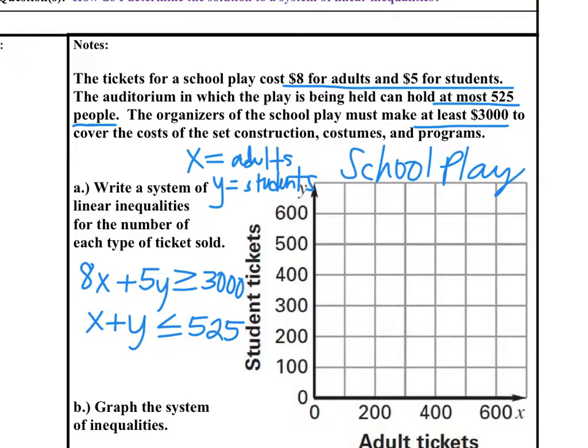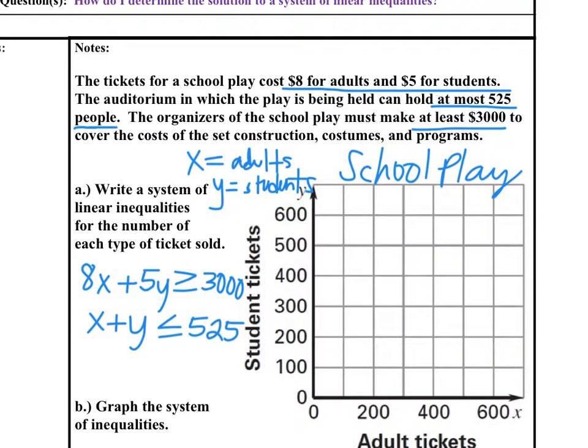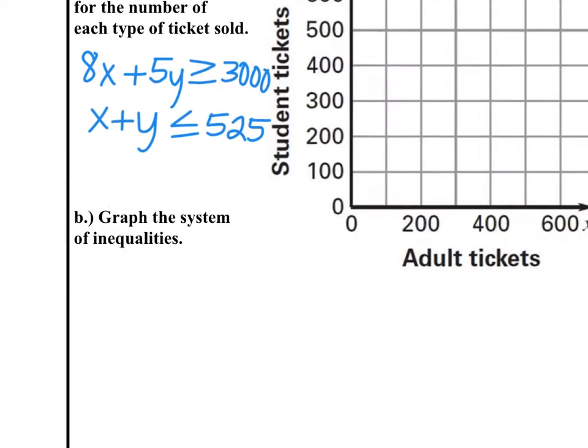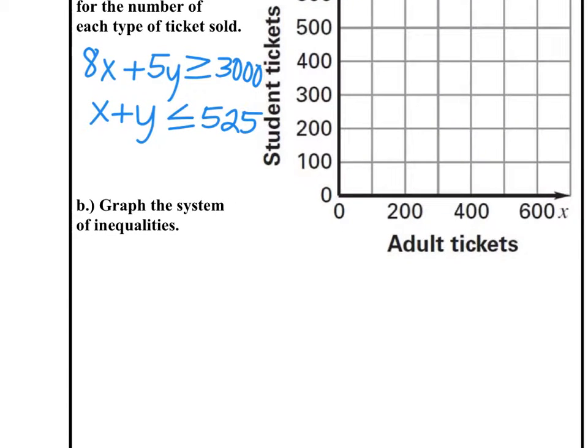As we discussed yesterday, if you have something that's in standard form, you need to move it into slope-intercept form. So for both of these, we need to get them to be y equals mx plus b, except not equals, so it'll have an inequality. So let's take each one, and we're going to solve it. I'll do this one in red.